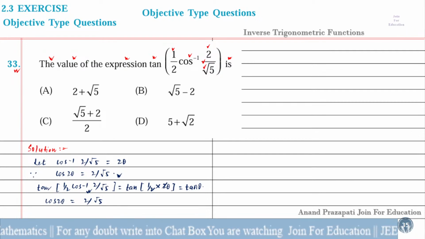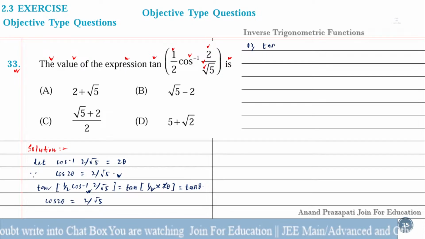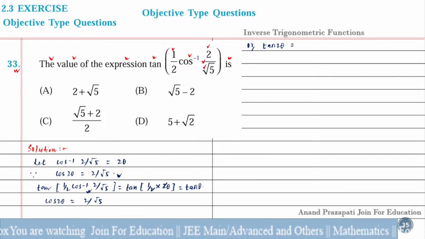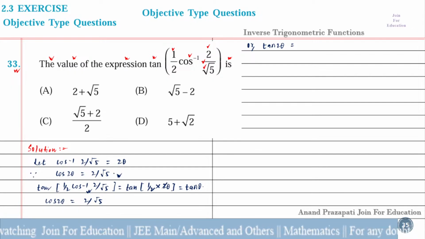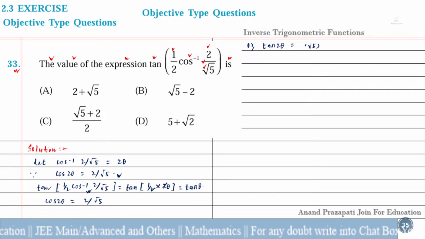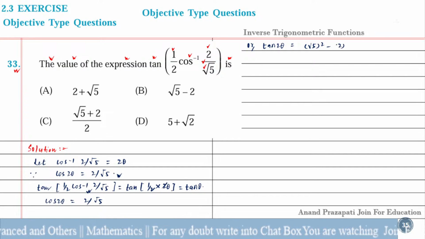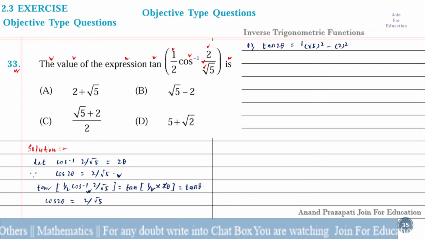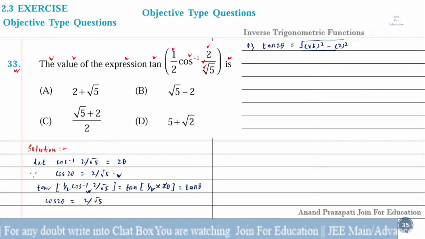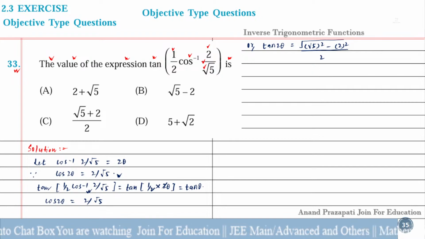So we find out tan 2 theta. Therefore, tan 2 theta equal to P by B. It means square root of root 5 square minus 2 square, this one will be P, and B, we write down here 2.